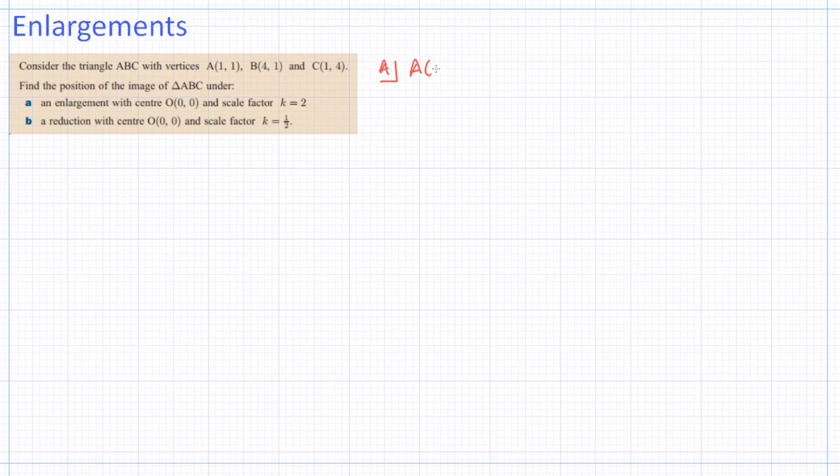So it's undergoing a change, isn't it? It's undergoing an enlargement. So what would be the new value? Well, since k equals 2, A prime would be 1 times 2 and 1 times 2. What about B?